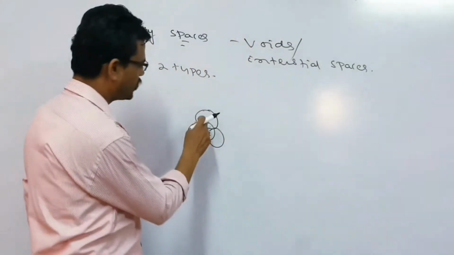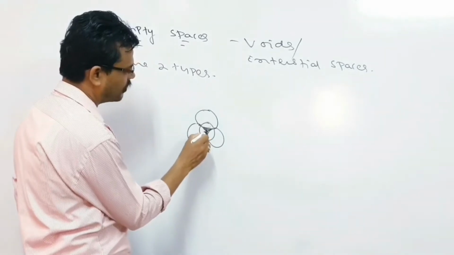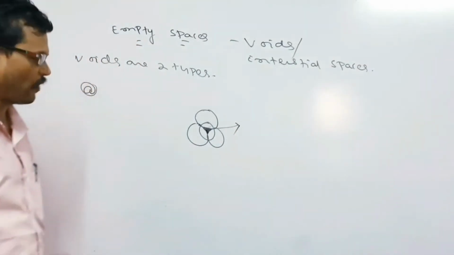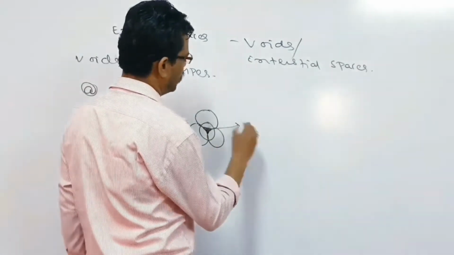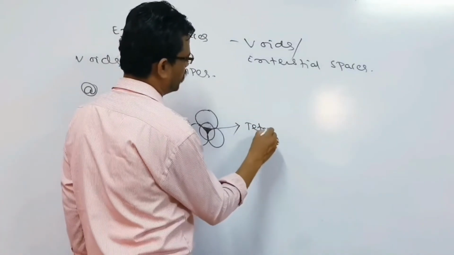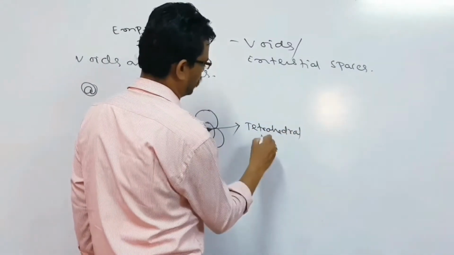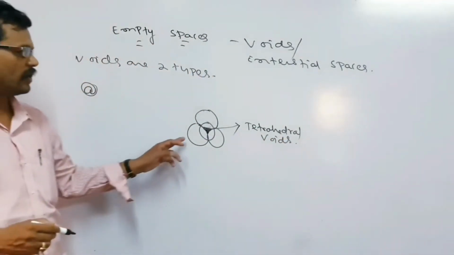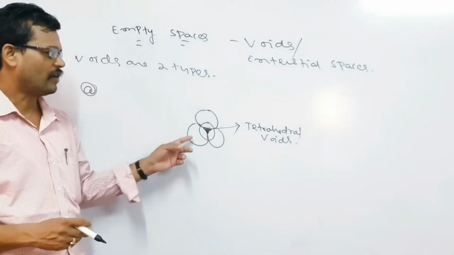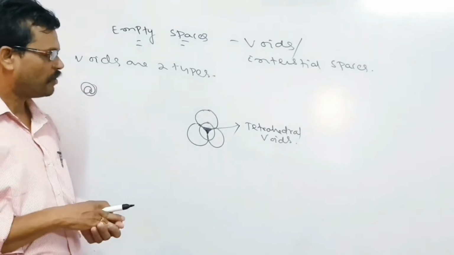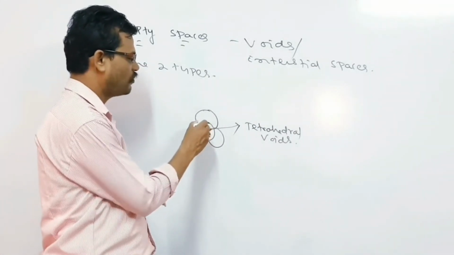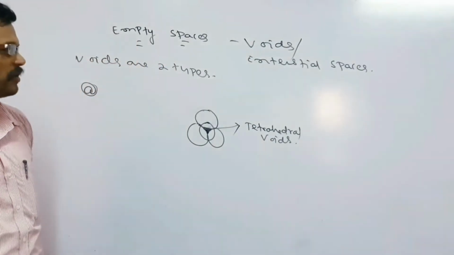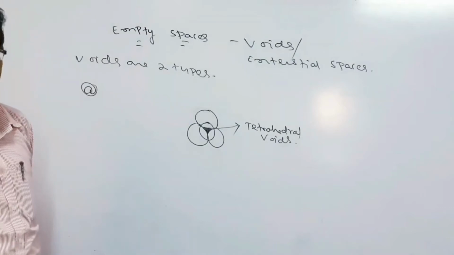Then you will find that some space is left over while keeping these four spheres, and this space is known as your void. Because this void is formed by keeping three spheres below and one above, we can say tetrahedral voids. So the tetrahedral voids are formed when three spheres are arranged, and above the three spheres the fourth one is present on it. Then the middle space that is formed is said to be a tetrahedral void.